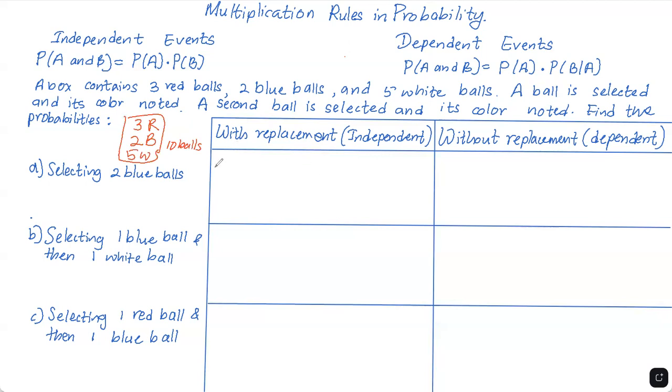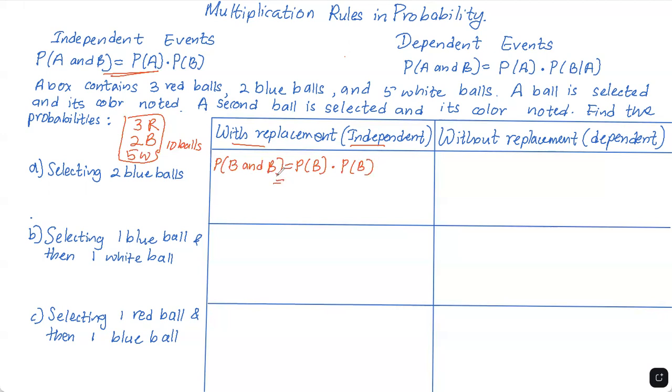Okay, so let's find the probability of getting a blue ball and then another blue ball. So here with replacement, those are independent events, so I can use this formula: probability of blue in the first ball times the probability of blue in the second ball.